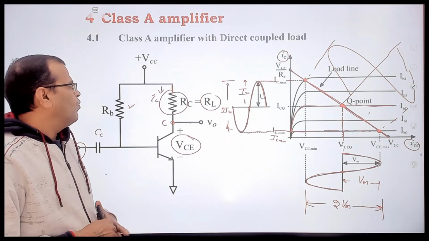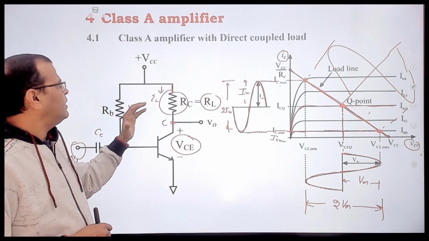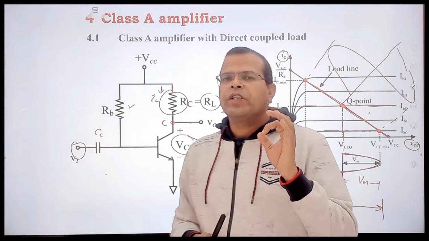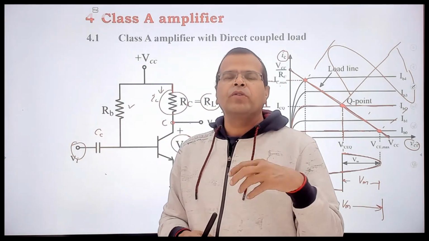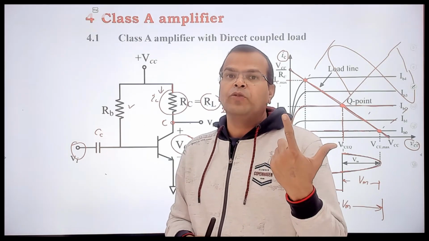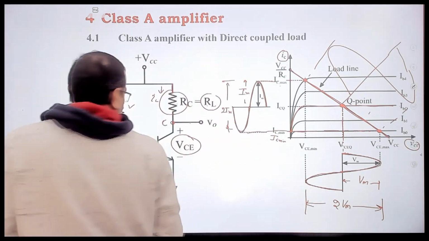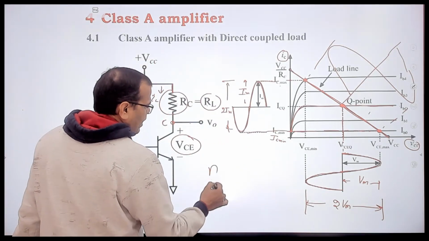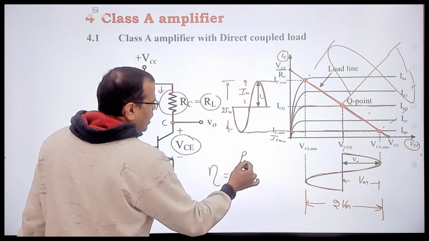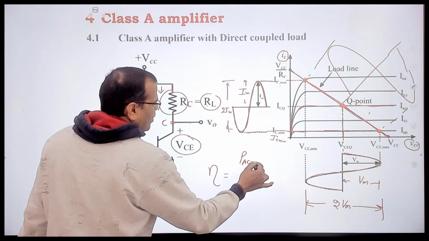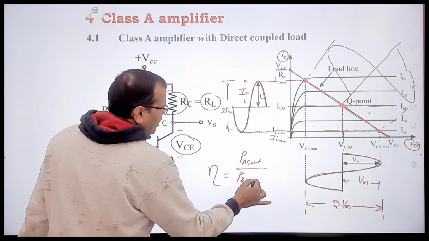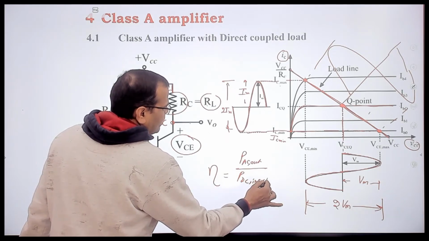Now whenever we go for analysis of the amplifier, we talk about conversion efficiency, that is conversion of the DC input power to the AC output power. So the conversion efficiency of any amplifier is nothing but AC output power divided by DC input power, multiplied by 100.